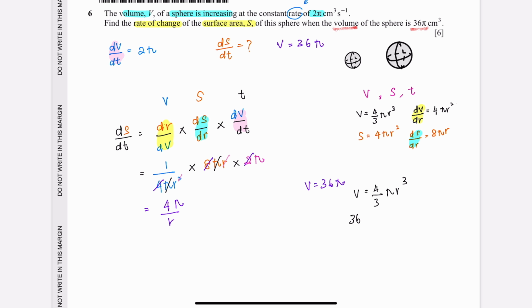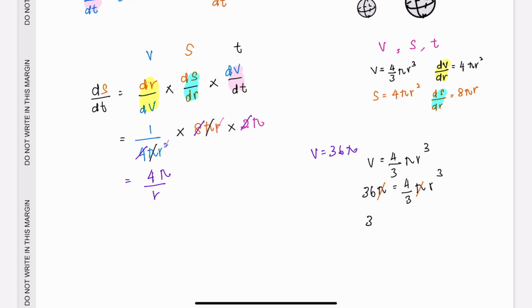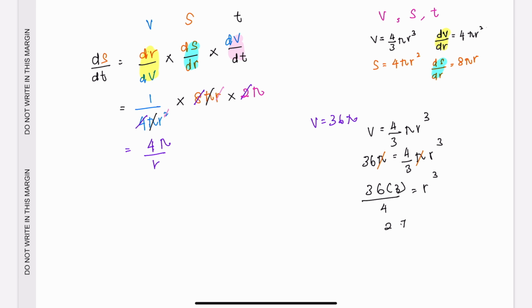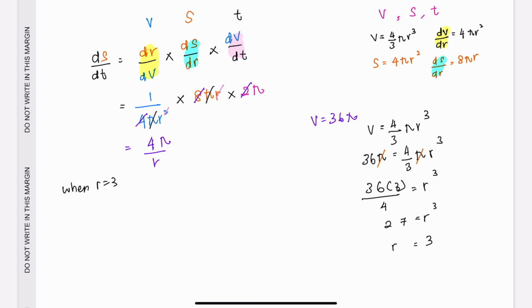When V is 36 pi, then pi will be cancelled. 36 times 3 divided by 4 is equal to r cubed. Now this one is 27 equal to r cubed, and my r would be the cube root of 27. That is going to give me 3. So when r is equal to 3, my dS over dt is 4 pi over 3.